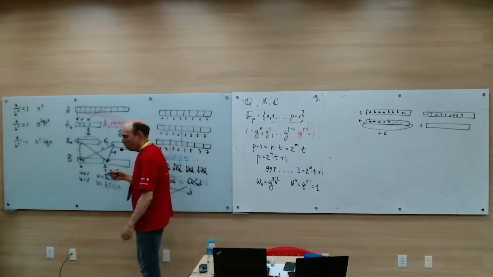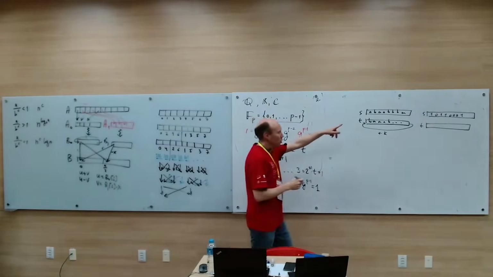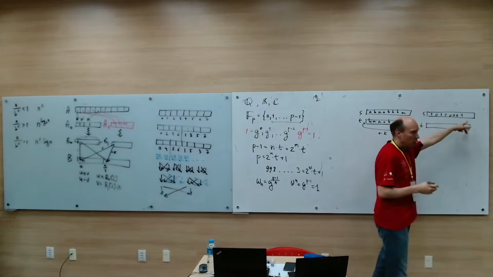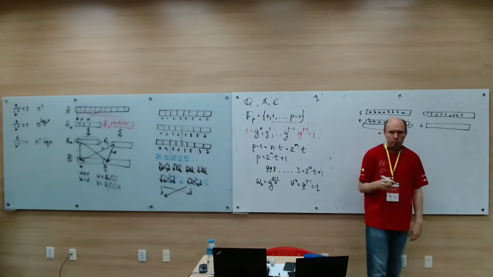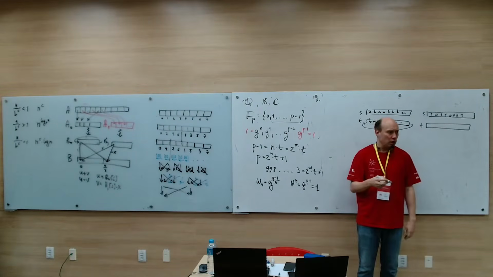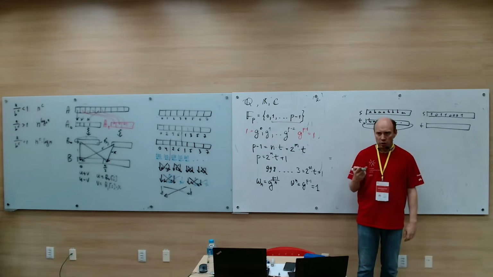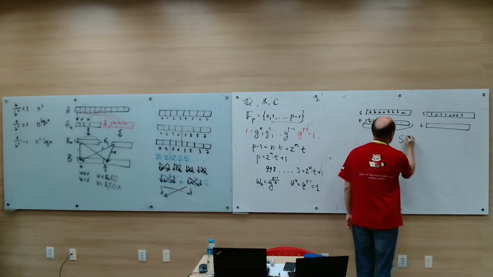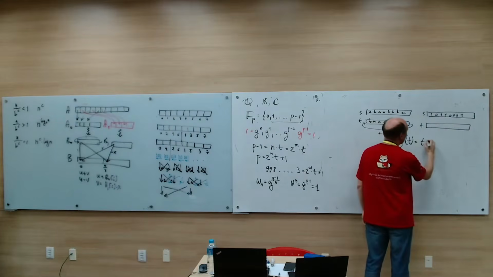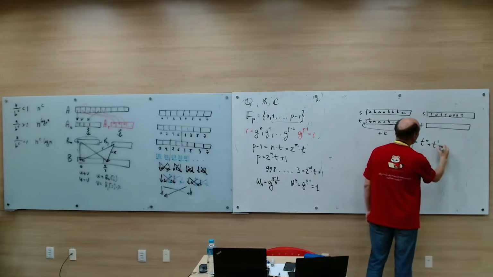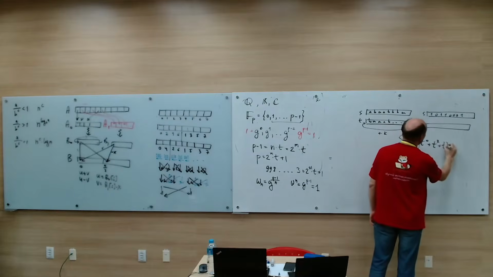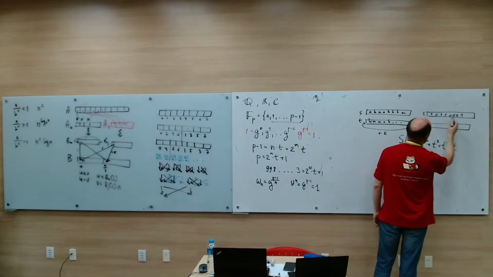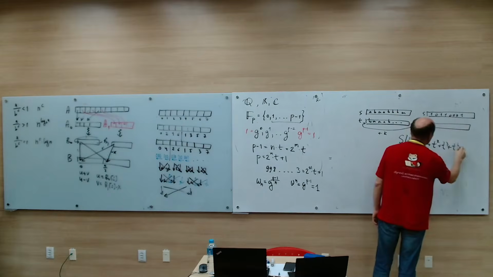If we consider it as a polynomial, we have a sum of those powers of t that correspond to letters A in the initial string. So S of t is like t to the power 0 plus t to the power 1, 2, 3, and so on.